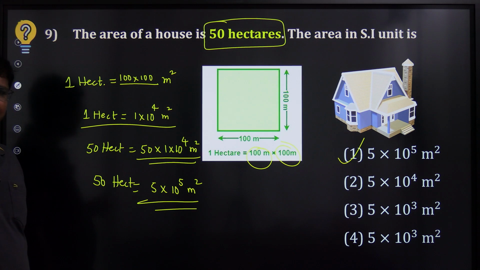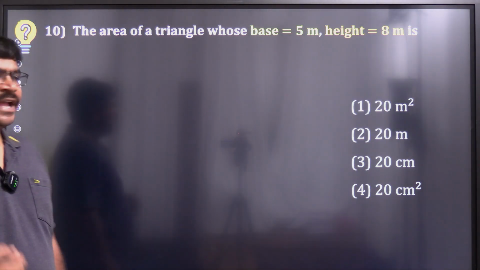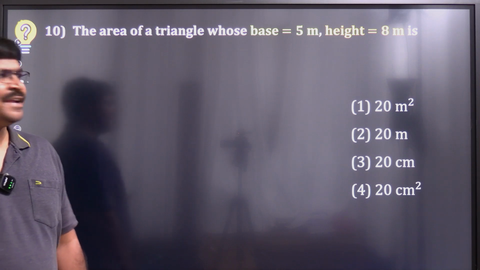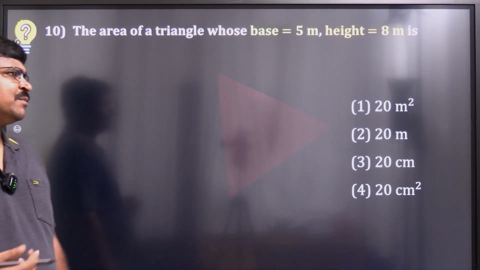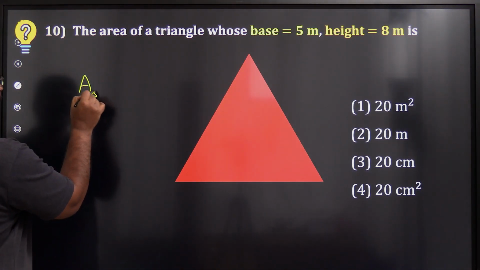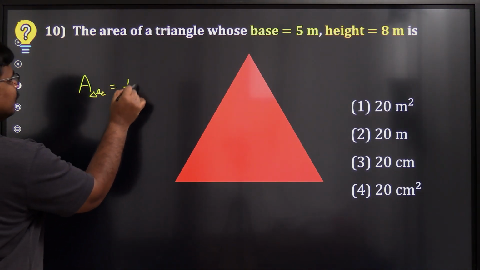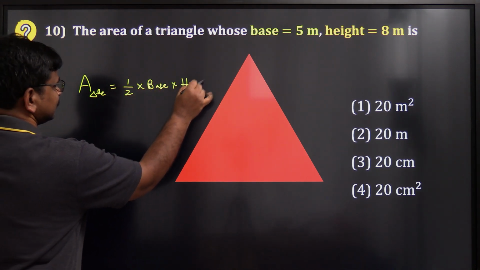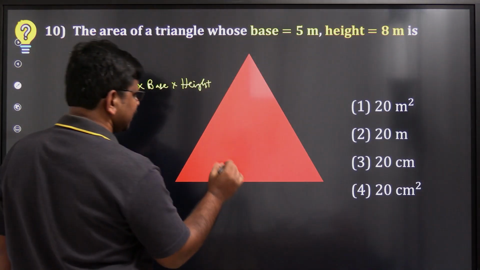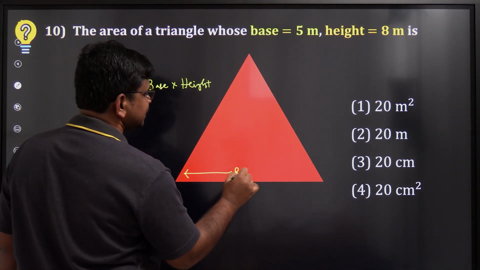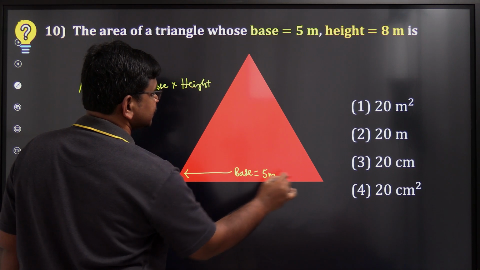Yes. And the next question is, the area of the triangle whose base is 5 meter and height is 8 meters. Simply the question is about the area. And always remember, the area of the triangle is half into base into height. Simple. See here, this is the base. How much base? Base is given as 5 meters.